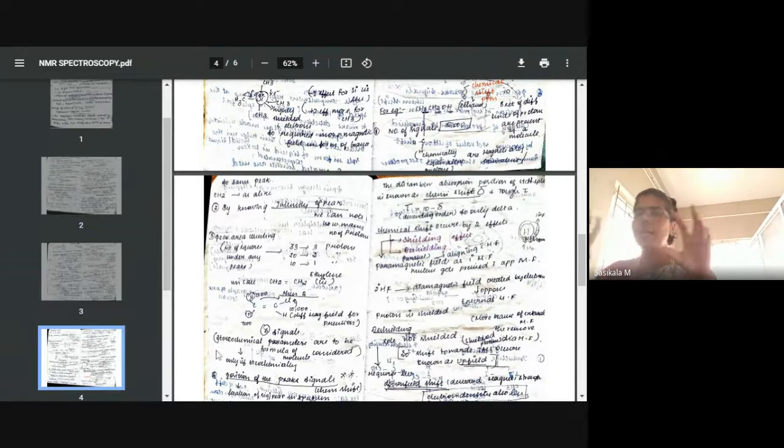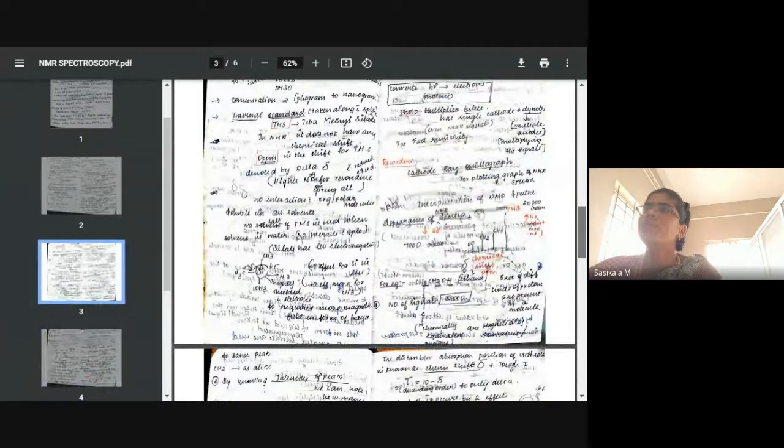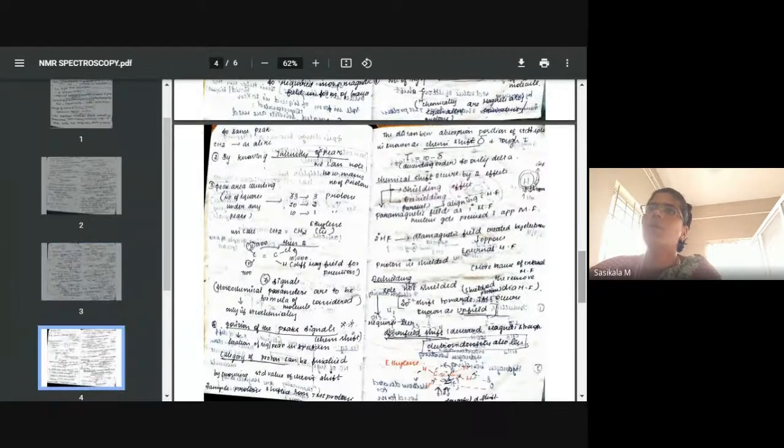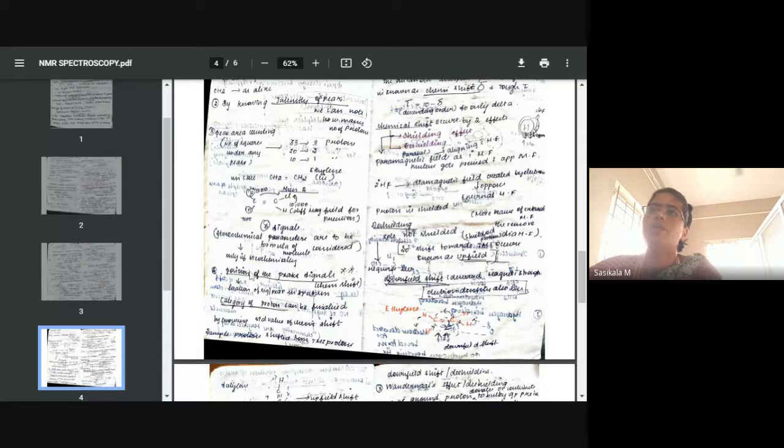If we see only the molecular formula, we will assume only two signals, but when we analyze with the stereochemical formula, we may expect three signals. So that is to be finalized when you are counting the number of signals. In number of signals, you have to see the stereochemical formula also.